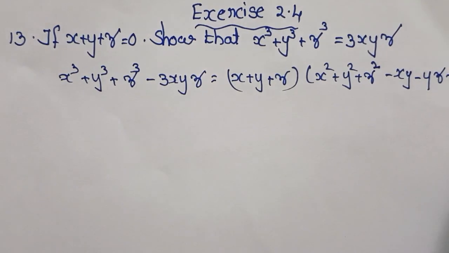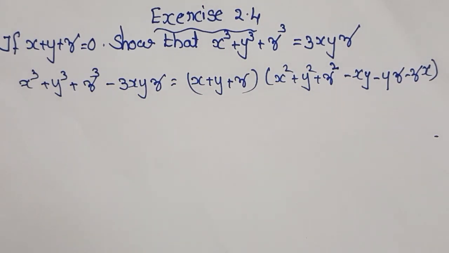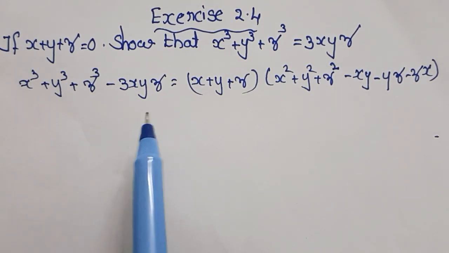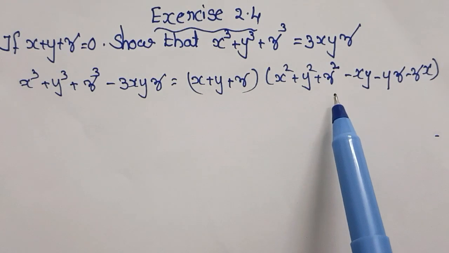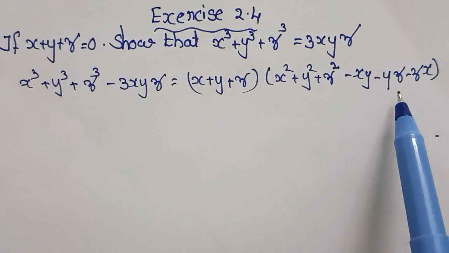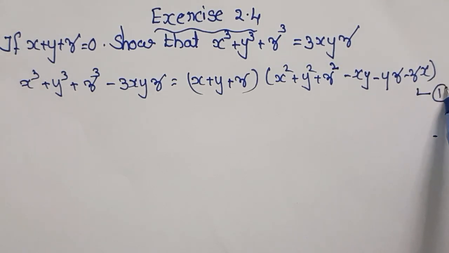This is the factorization of x cube plus y cube plus z cube minus 3xyz. That is x plus y plus z into x square plus y square plus z square minus xy minus yz minus zx. Number this equation as 1.